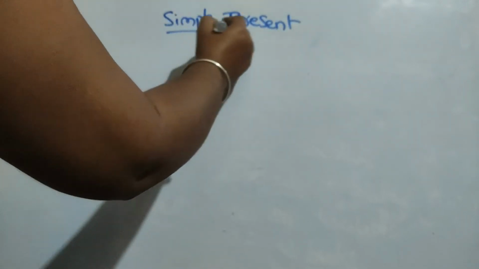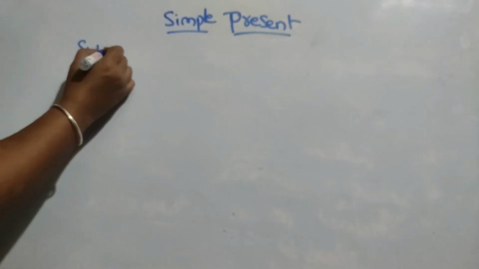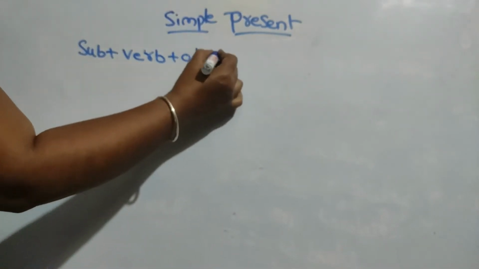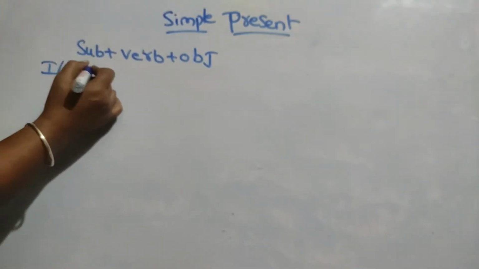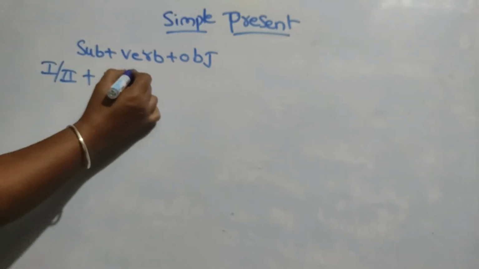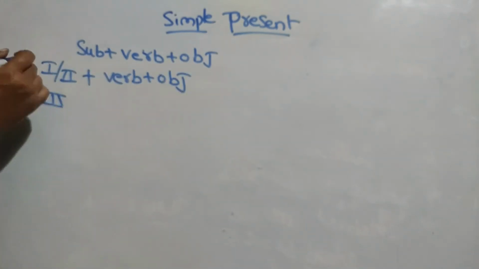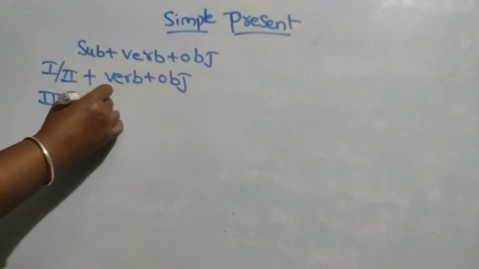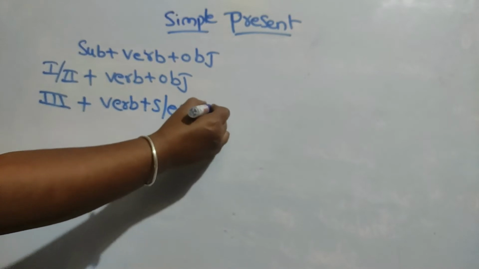Simple present, what is the formation of the sentence? Subject plus verb plus object. If this is first person or second person, it will be subject plus verb plus object. If this is third person singular, it is verb plus s or es plus object.